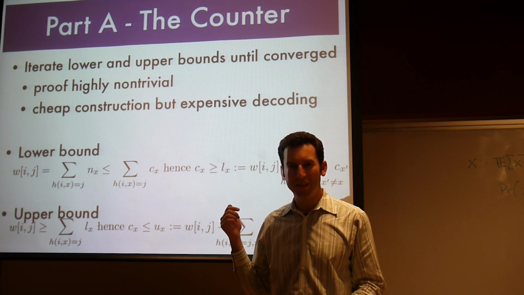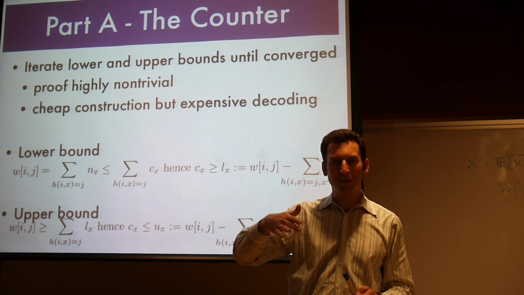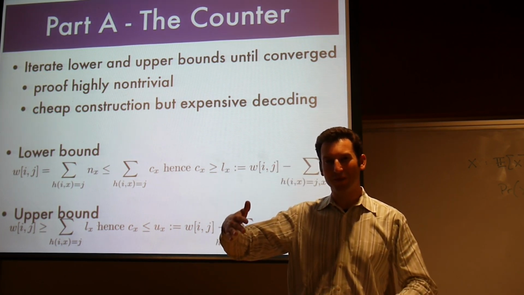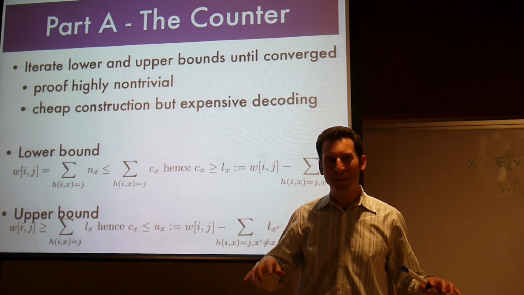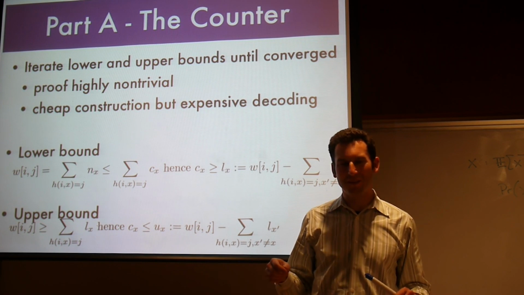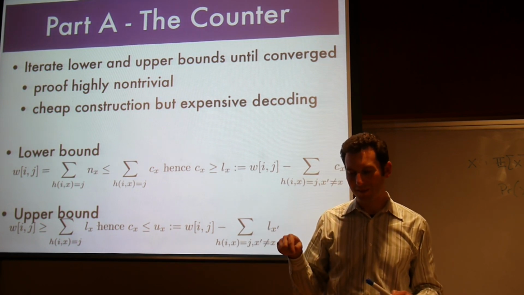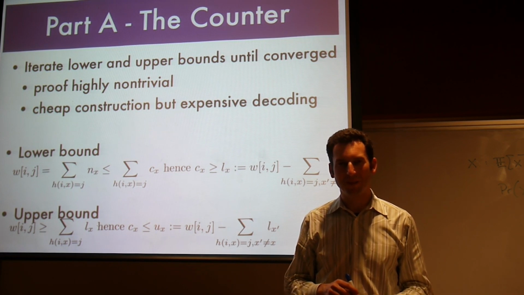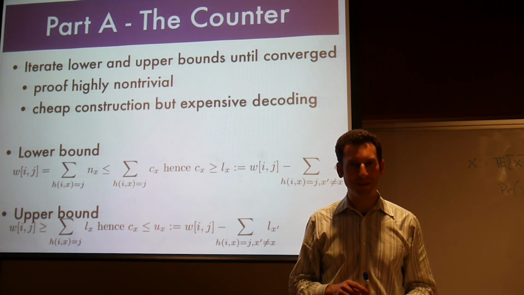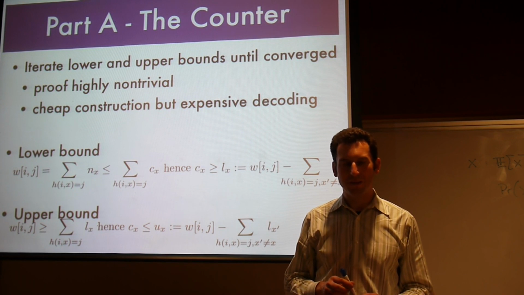For this, you need to cycle through the entire data structure until the algorithm has converged, and then sure you have all the counts at once, but it's not so easy to get just a single count at any given time. So that's what makes the algorithm a little bit less attractive in practice.